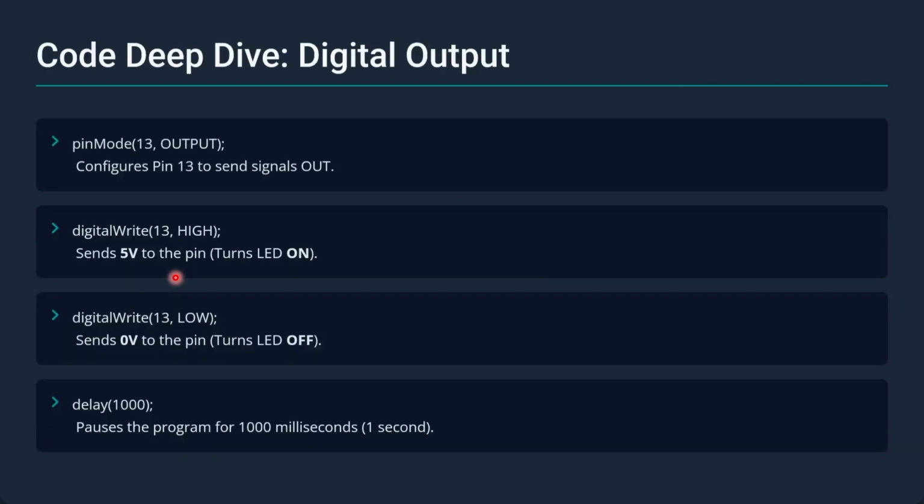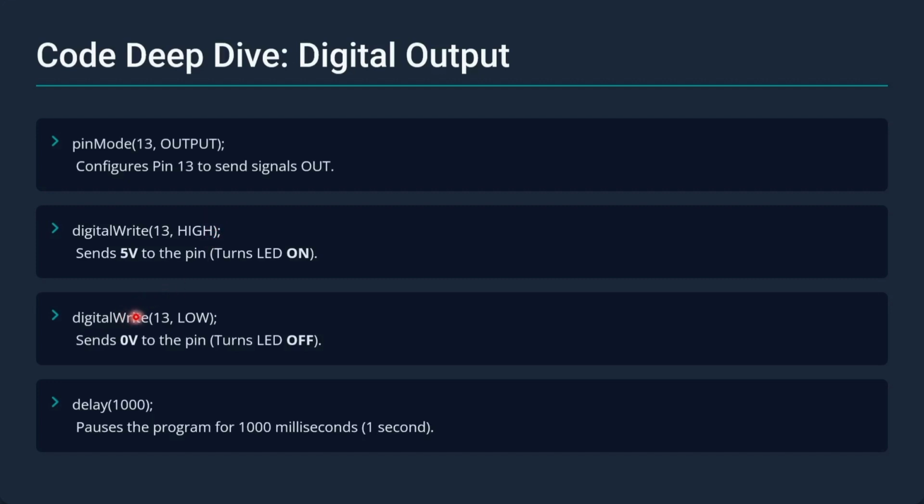This is very simple, as I said. First, as I said, there are two things, one setup and one loop. In the setup we will use pinMode 13 OUTPUT, to tell the Arduino that pin 13 will be sending signals. And in the loop we write digitalWrite 13 HIGH, which will send 5 volts, turning the LED on.